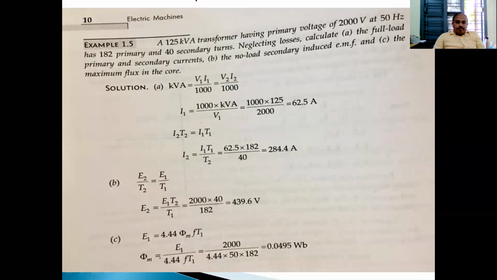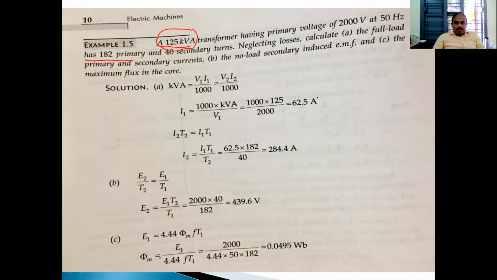This is the second problem. The kVA rating of the transformer is 125 kVA, with a primary voltage of 2000 volts at 50 Hz, and it has 182 primary and 40 secondary turns.